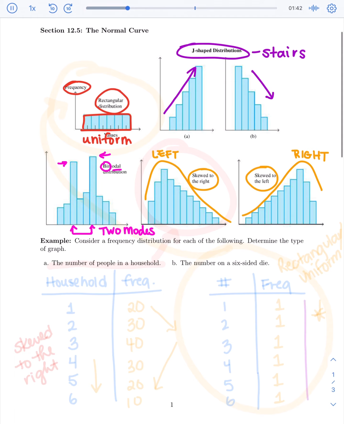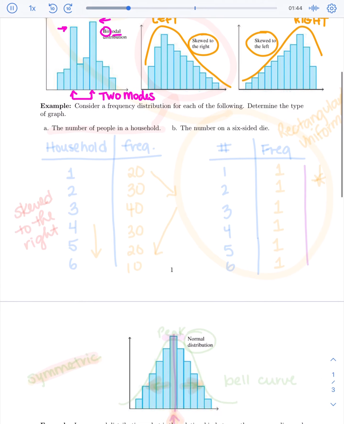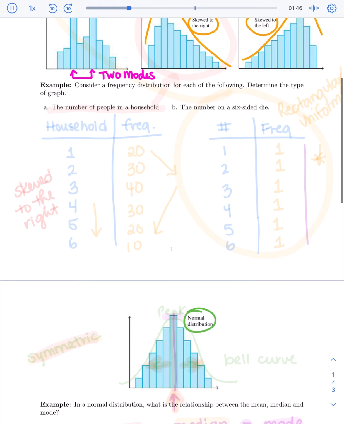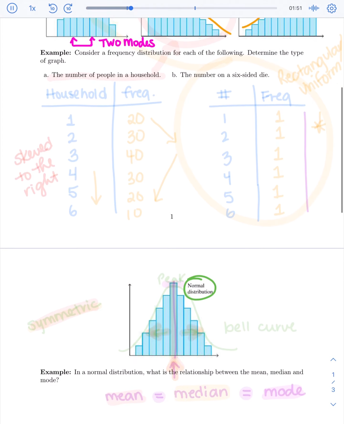We've already mentioned this last one a little bit, which is what we call a normal distribution, which you see a ton of if you take the probability and statistics course. It looks like a bell-shaped curve, and that's called the normal distribution.